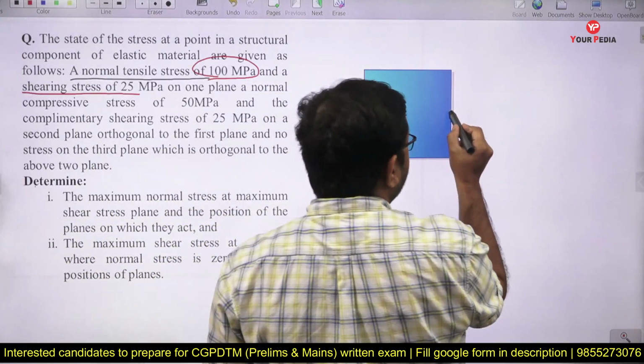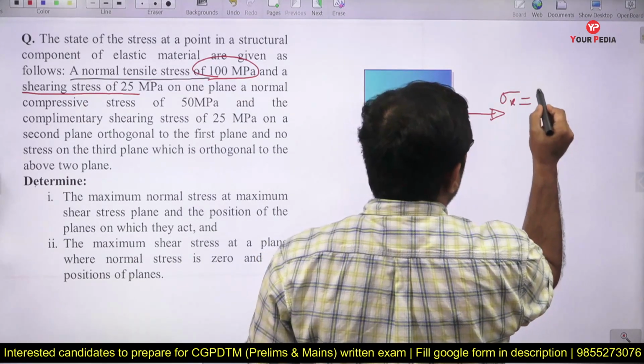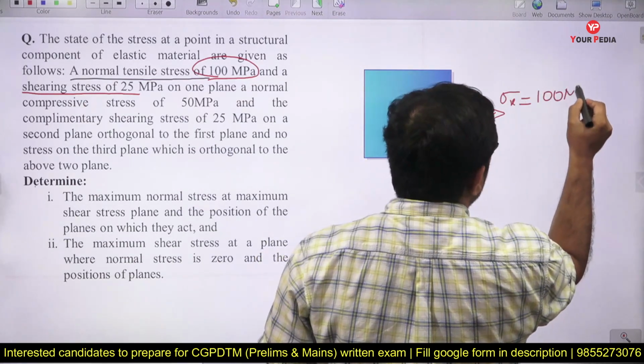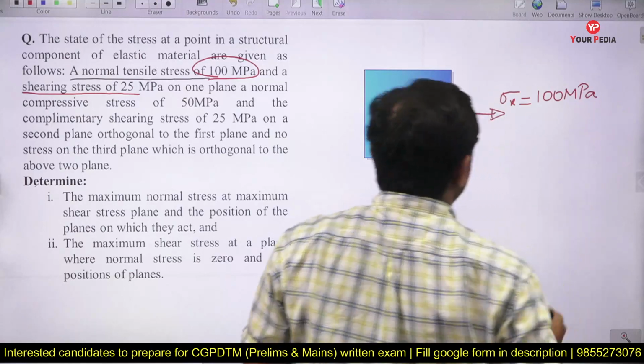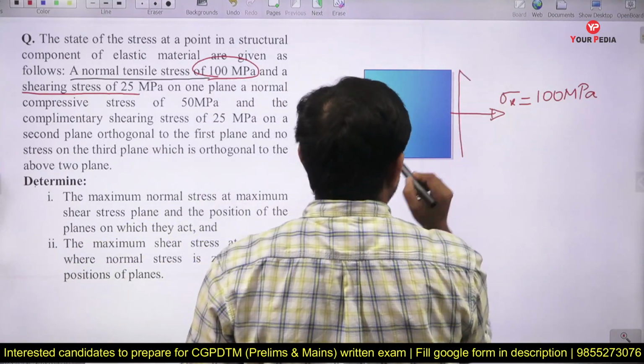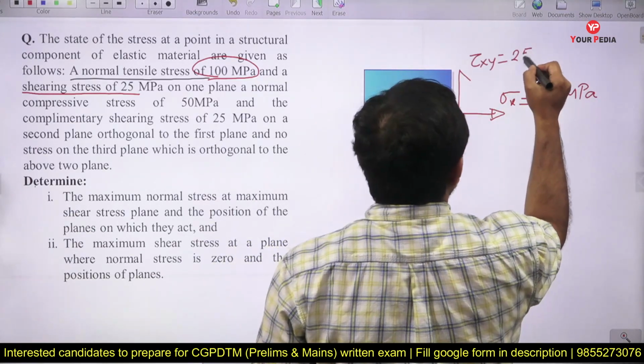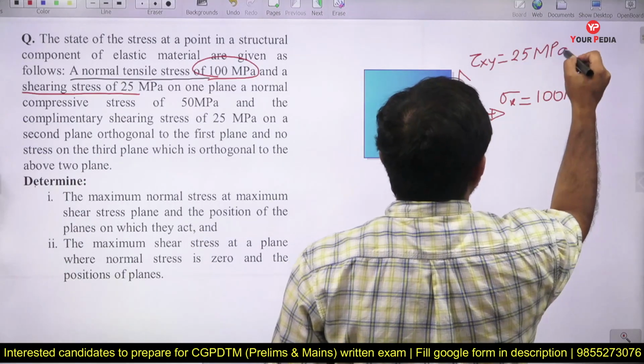So let's say this is the sigma x axis in which we have 100 megapascal stress, yes or no? Along with this, in this plane we have a shear stress also, which is tau xy and its value is 25 megapascal. It is already given here.